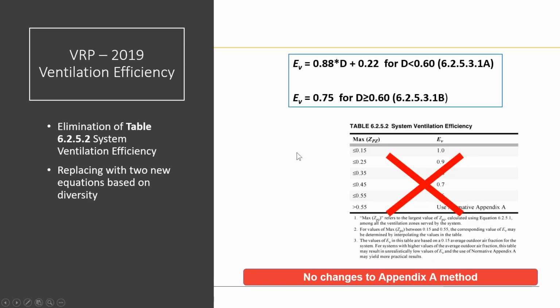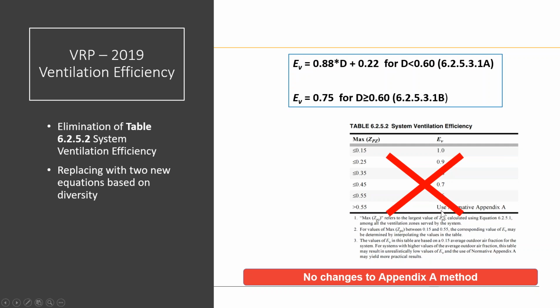The second one is the ventilation efficiency, and I'm personally very excited about this. Basically, you used to do the math and say you need 5 CFM per person, 0.06 CFM per square foot for office, and then you need to do like 2 pages to figure out the ventilation efficiency, to calculate the total volume of outside air that you need for your building, and we're talking here about a multi-zone building.